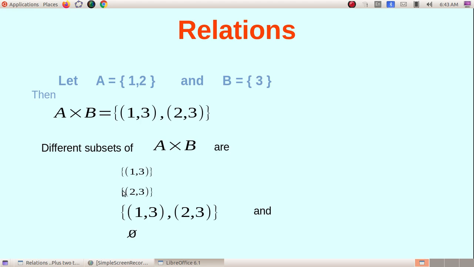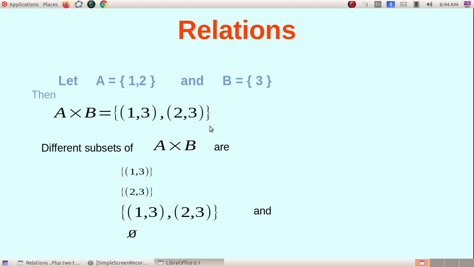Then let me say another relation from A to B, that is, element in B is greater than that of element in A. What is that relation? Element in B is 3 and elements in A are 1 and 2. Therefore every ordered pair (1, 3) and (2, 3) satisfies the given condition. Therefore the third relation is {(1, 3), (2, 3)}.